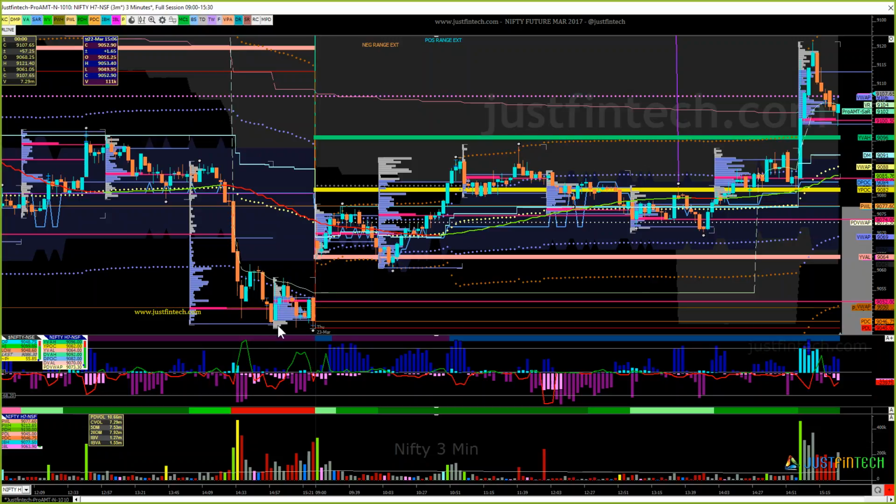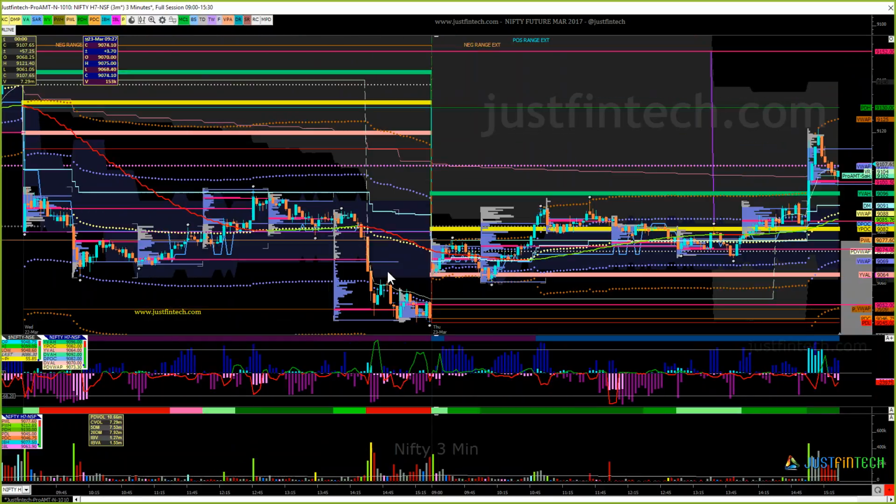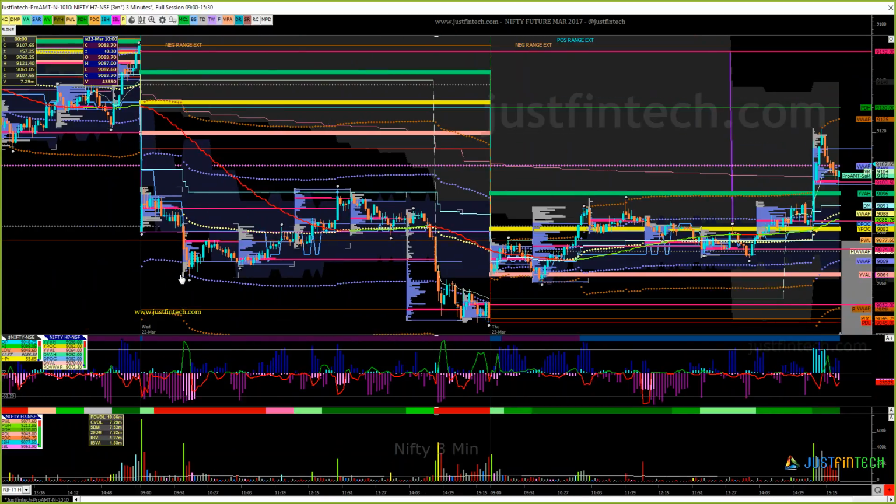There was a balance forming here, and we get an open above that. So the first priority is that we check the initiative selling which had started. So it checked that, failed, came lower. Then it goes into this low.